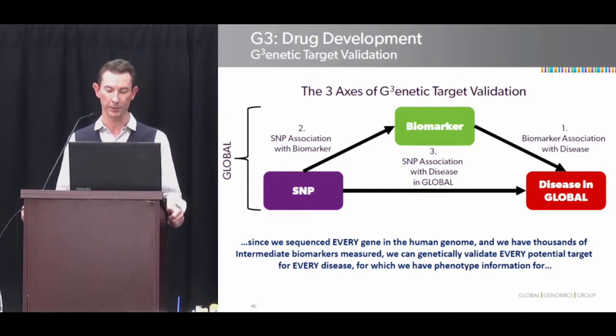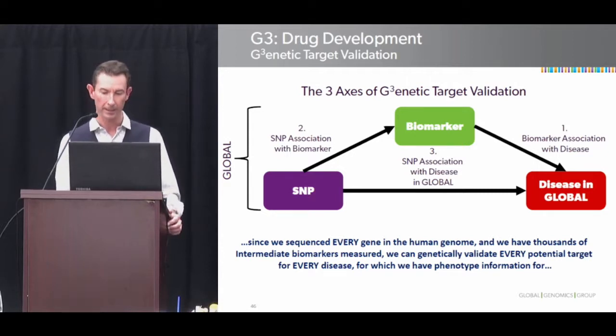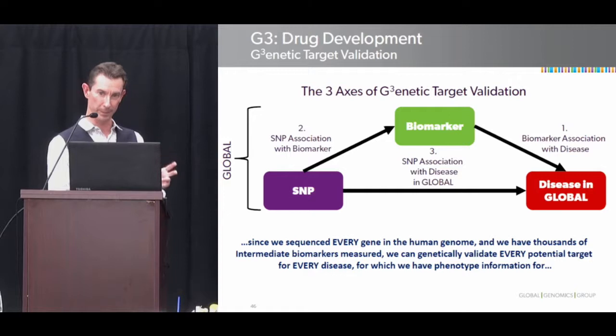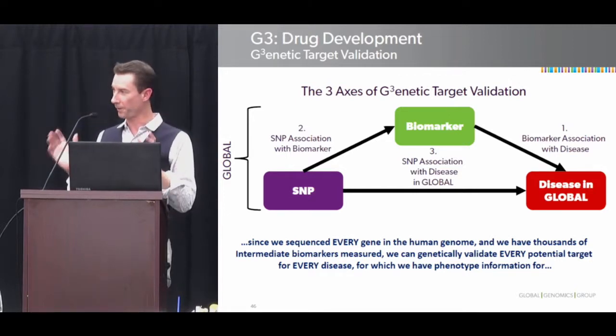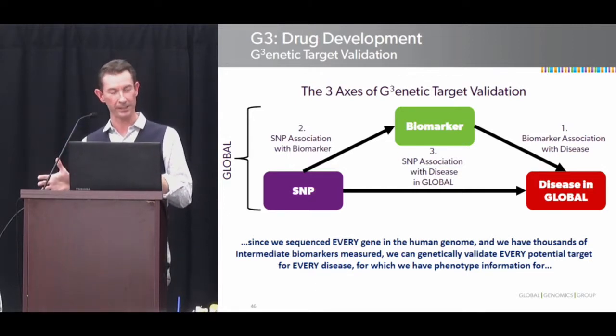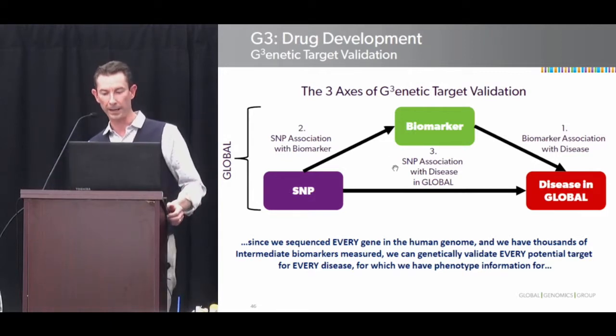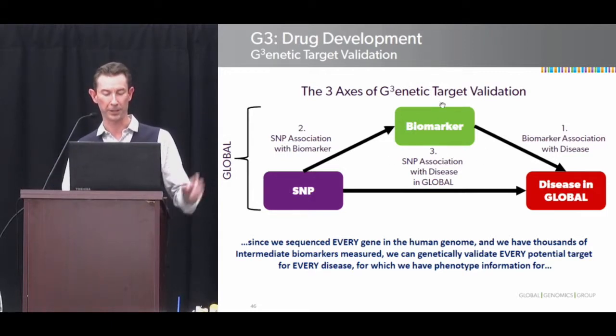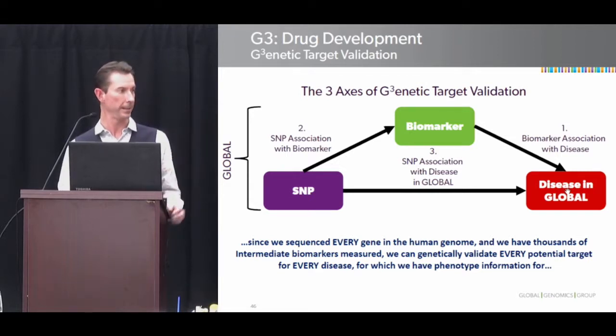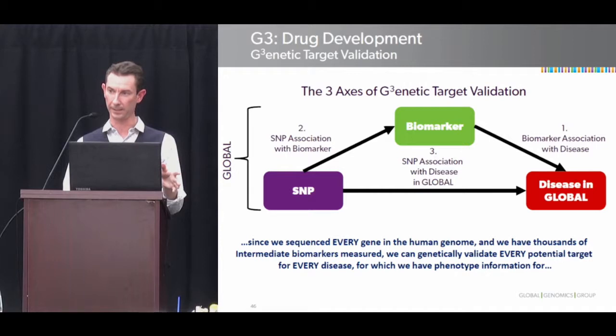I don't have time to go into the details of genetic target validation, but the idea goes something like this. Since we sequenced every single gene in the human genome in thousands of people, we measured hundreds of thousands of intermediate biomarkers, and we have the phenotype measurements, we're able to close the loop. First we identify biomarkers that are associated with the disease. An example would be LDL cholesterol is associated with cardiovascular disease.